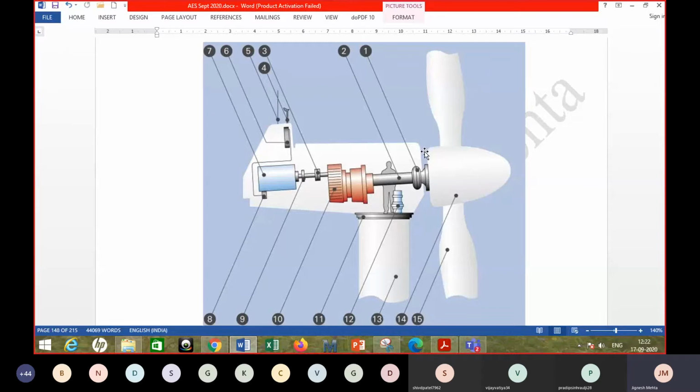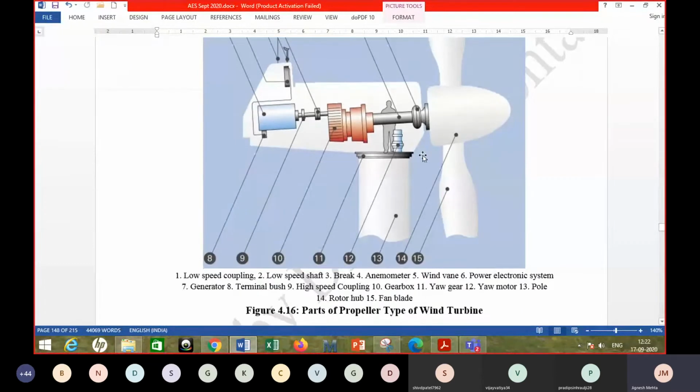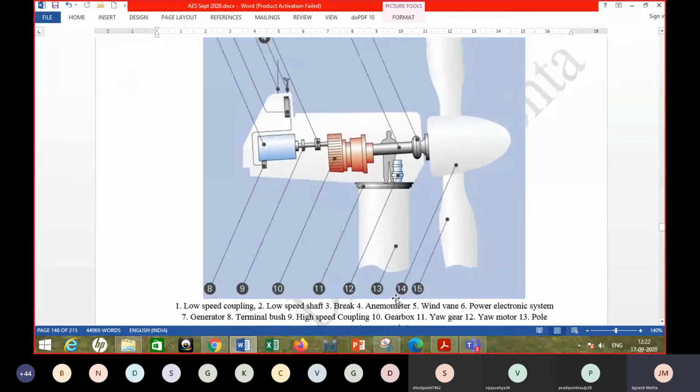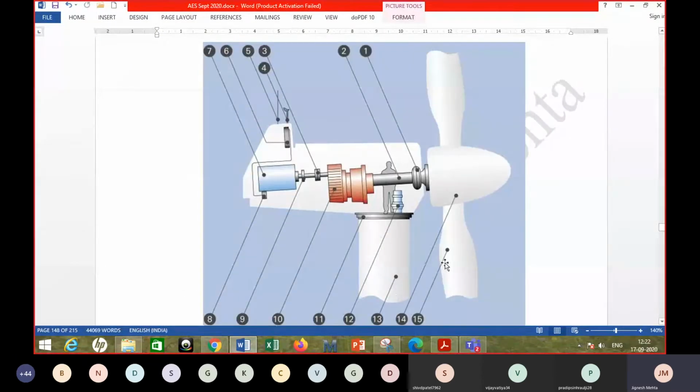So what you see are the different components, and they have been given numbers. This 15 at the bottom is nothing but the blade of the turbine, which converts the kinetic energy into mechanical energy, and then the blades are connected with the hub, which is inside this cover.